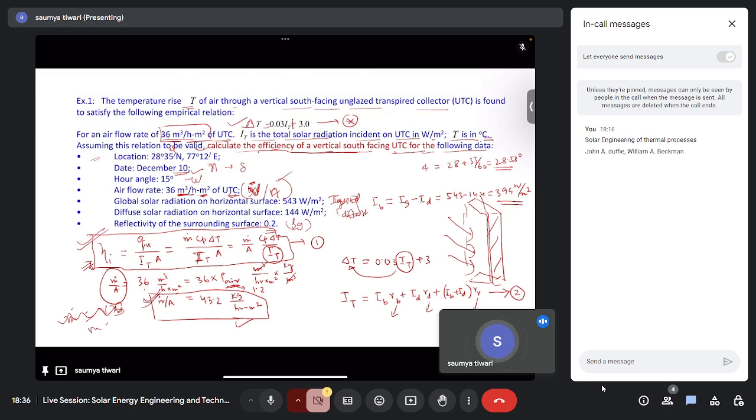Now, you know the value of Cp, you know the value of Ig and Id, but what will be the IT, the total solar radiation incident falling on this vertical plate? So, first, you know the global and the diffuse. You can calculate the beam or direct radiation falling on this wall, which will be global minus diffuse. That will be your beam radiation, or the direct radiation, right?